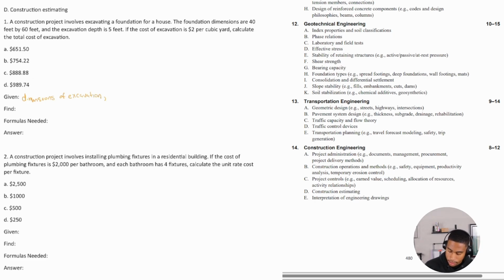We're given the cost of excavation as well. All right, what are we trying to find? We're trying to find the actual cost of the total excavation.